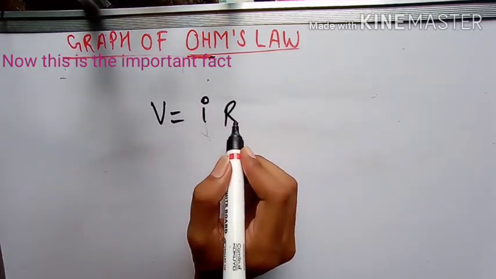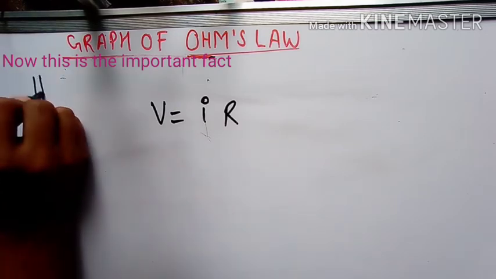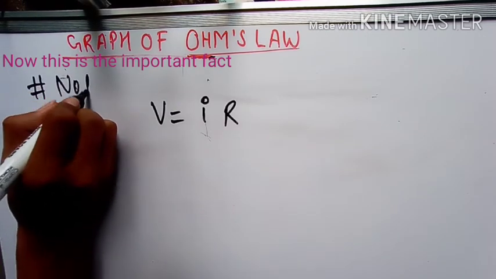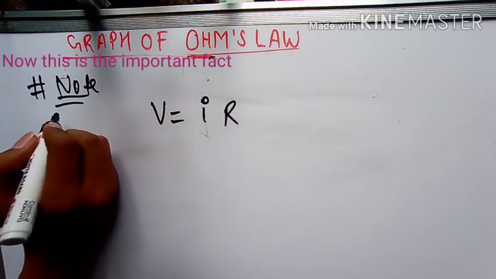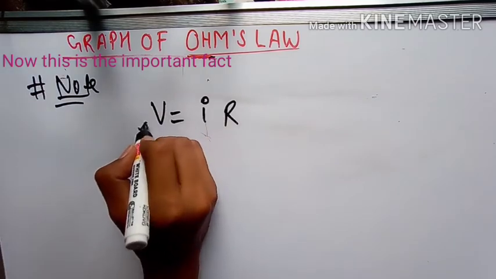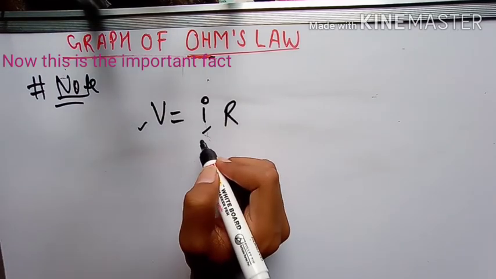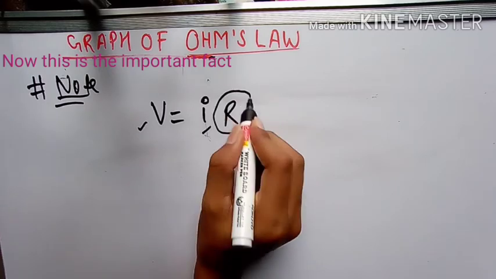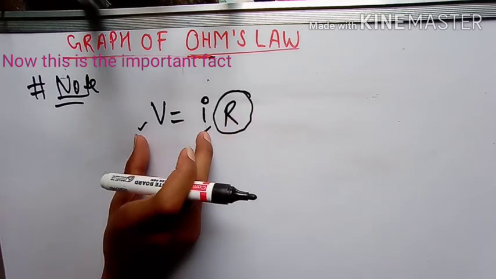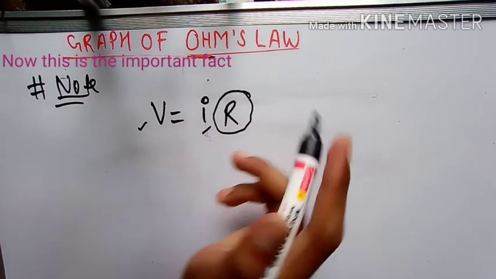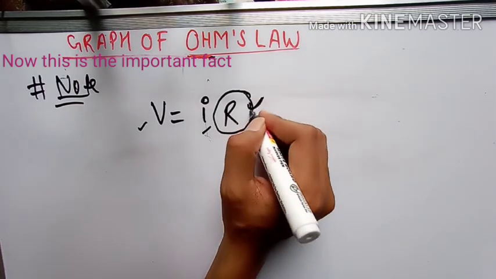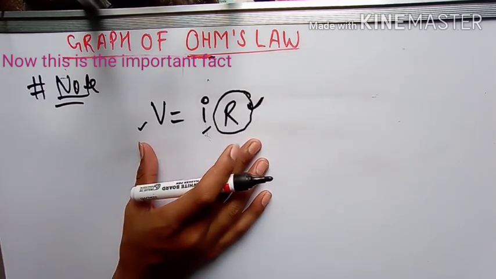Now these are the note points that will help you in solving the question. Suppose that you are given V and I. This time the question is asking for resistance. So when two values are given to you and you have to find a single value R, by using this formula you can calculate it.